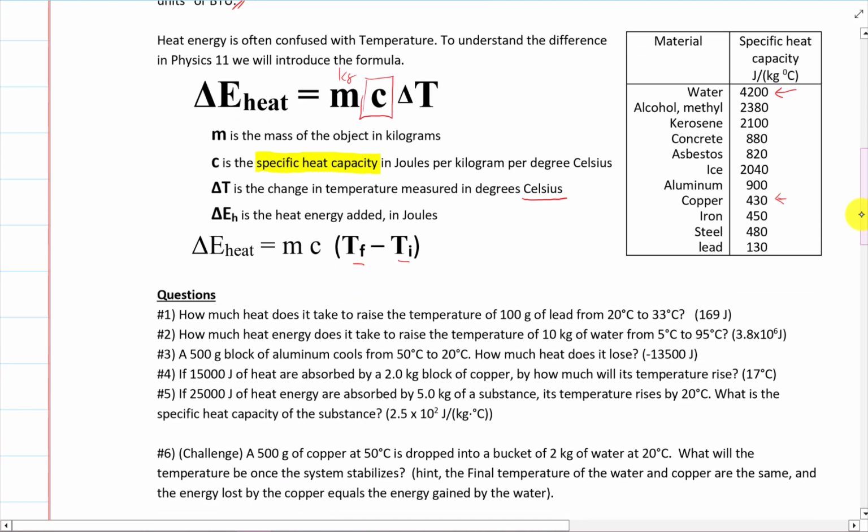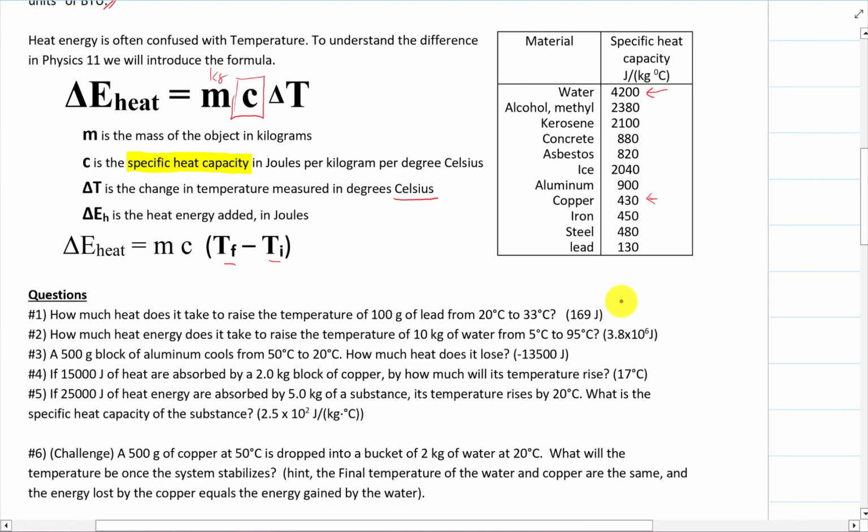Let's start using it right away. How much heat does it take to raise the temperature of 100 grams of lead from 20 degrees Celsius to 33 degrees Celsius? So we're trying to find the amount of heat, the heat energy, and that equals mCΔT. So m will be 0.1 kilograms. The C, it's water. Nope, it's lead.